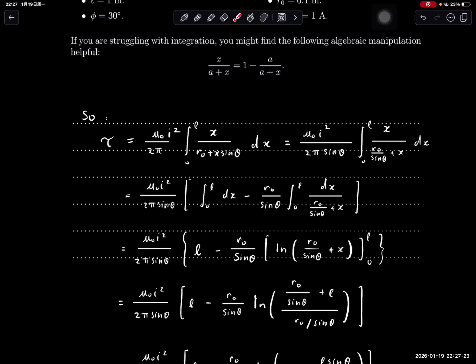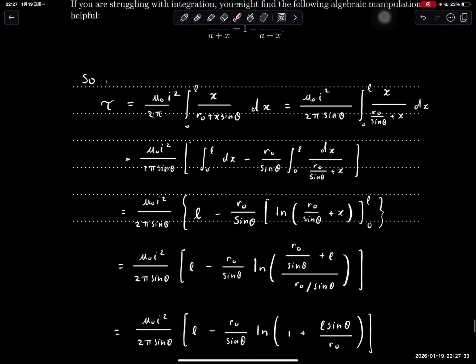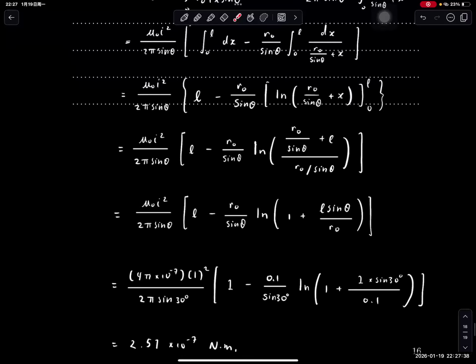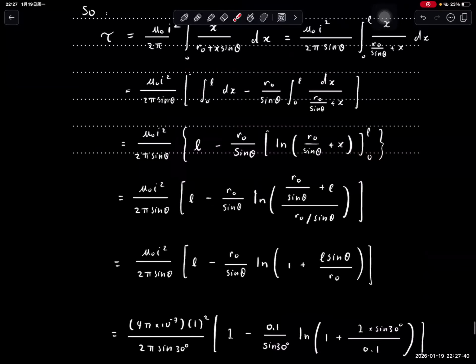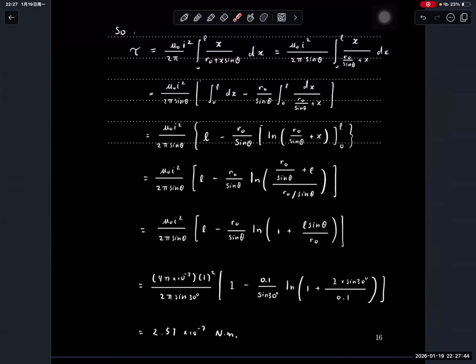If you try that, it becomes the integral of 1 plus the integral of something like 1 over x, and you get a natural log. Integration is just math, so this question is really a math problem. If you're confused with math, probably just don't do this question. After you learn the math, this working out is pretty straightforward.